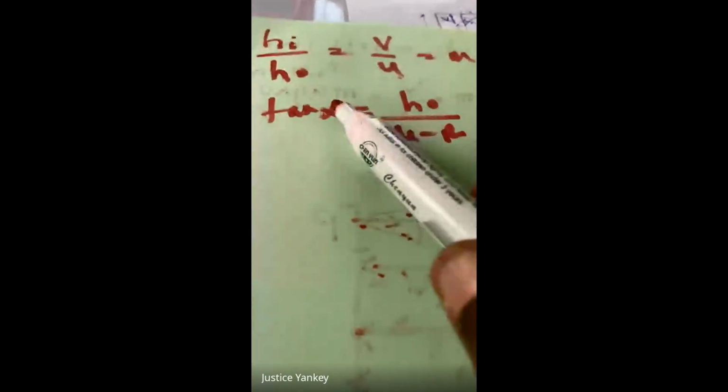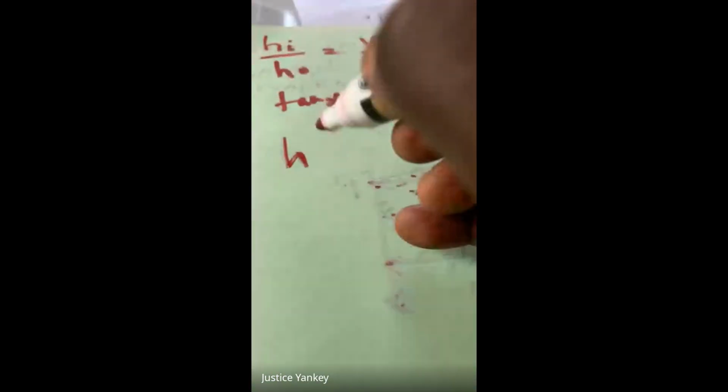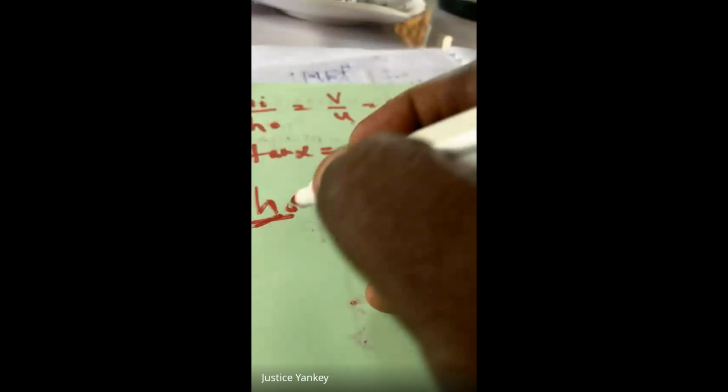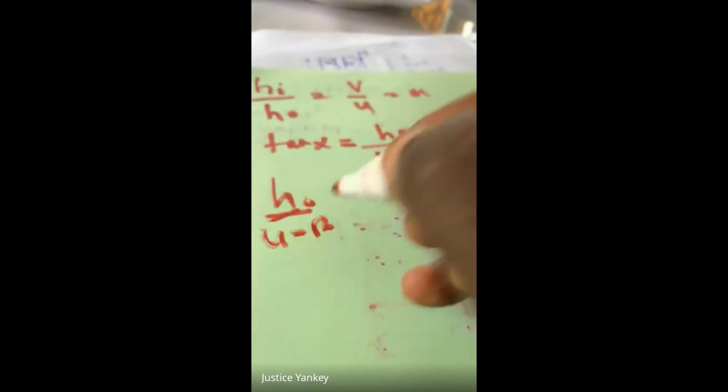But this tan alpha is the same as tan alpha here, so these two are equal. So I'm going to write H naught over U minus R equals height of image over R minus V.